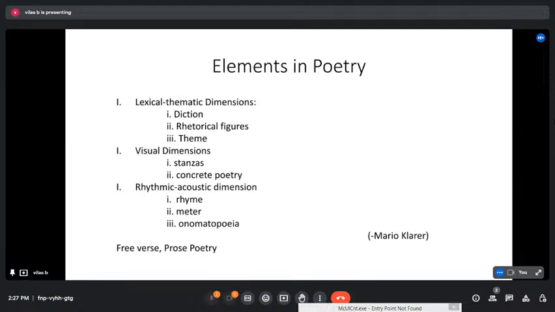Now we'll go to the next slide, and that is elements in poetry. I have taken the model of Mario Clarence. I know this is an incomplete model for this purpose, what we are going to discuss.